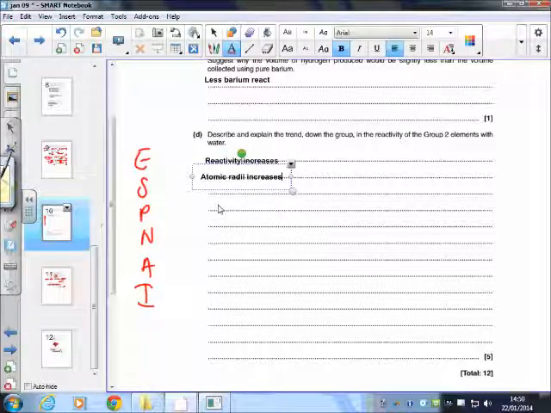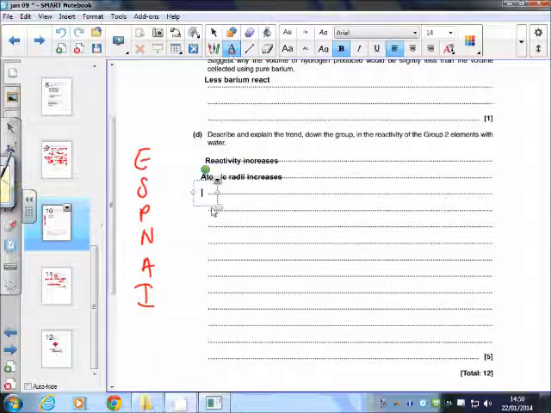Increases if we're using more scientific terms, so atomic radii increases because we've got more electrons, more shells, okay? And because that atomic radii is increasing, we're getting an increase in shielding, in electron shielding.